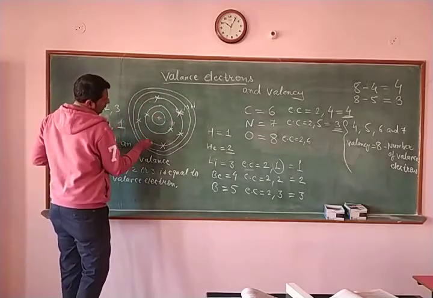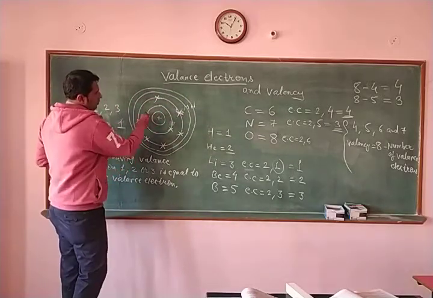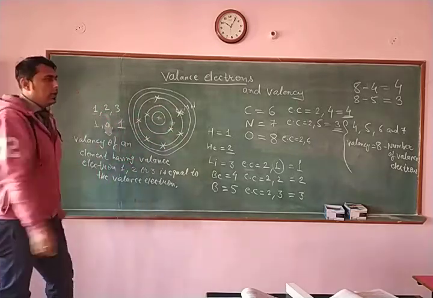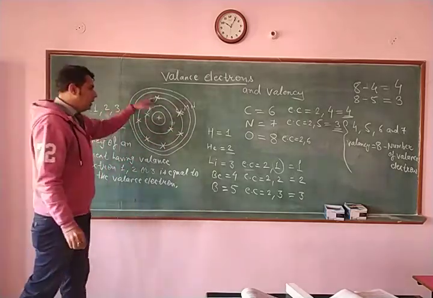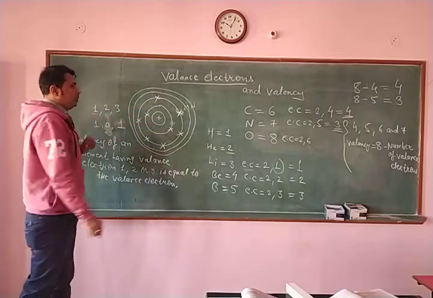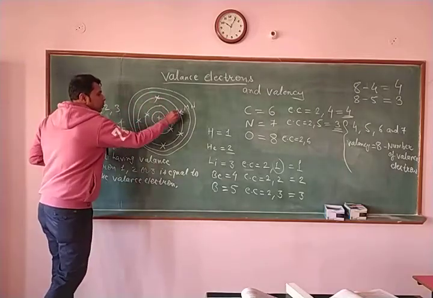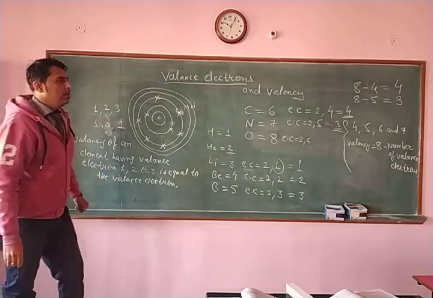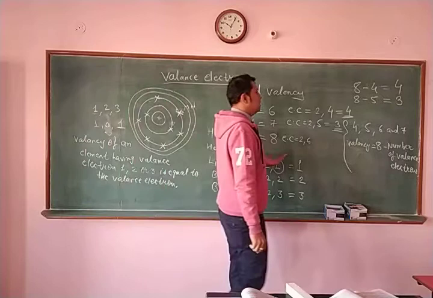So just make one more: 1, 2, 3, 4, 5, 6, 7, 8. Total 8. The L shell, the outermost shell, contains 6 electrons. So what will be the valency of oxygen?